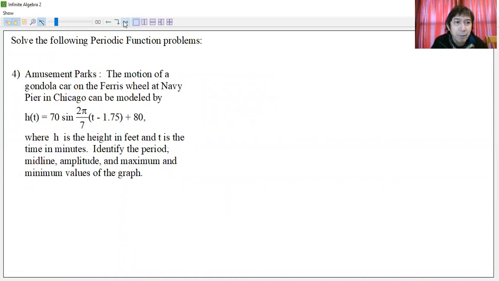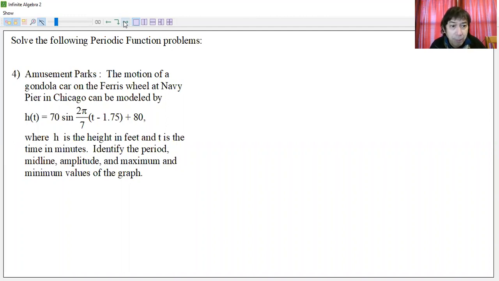Here's number 4. This is something about the amusement parks. The motion of a gondola car on the Ferris wheel at Navy Pier in Chicago can be modeled by h of t is equal to 70 sine 2 pi over 7 times the quantity t minus 1.75 plus 80, where h is the height in feet and t is the time in minutes.